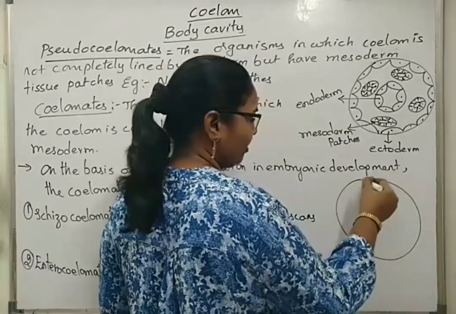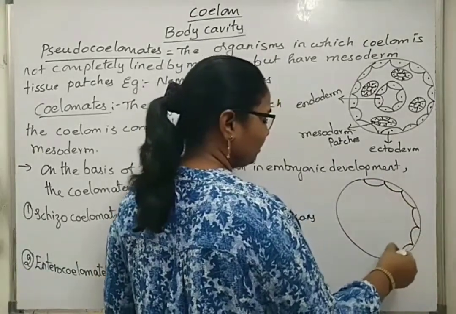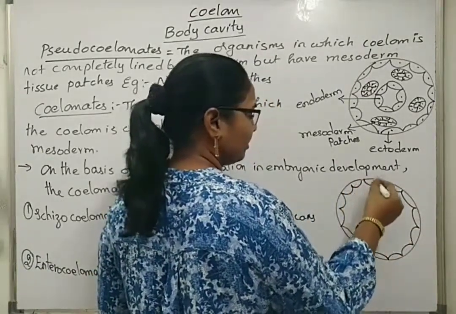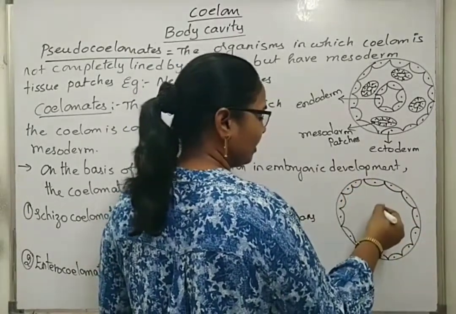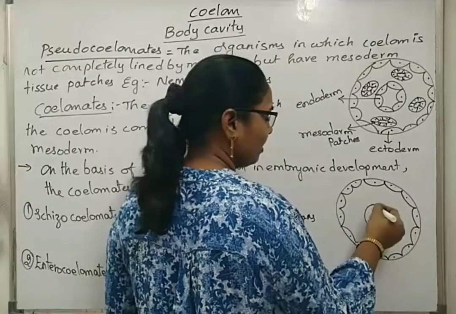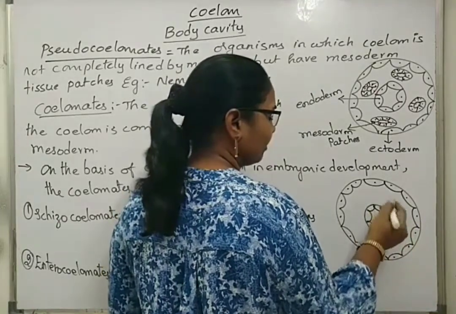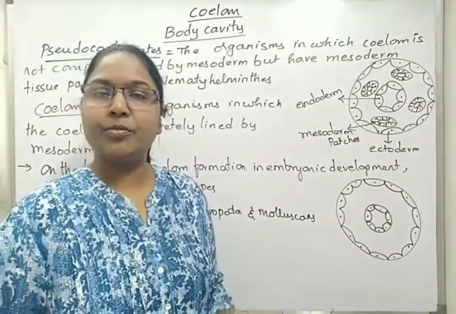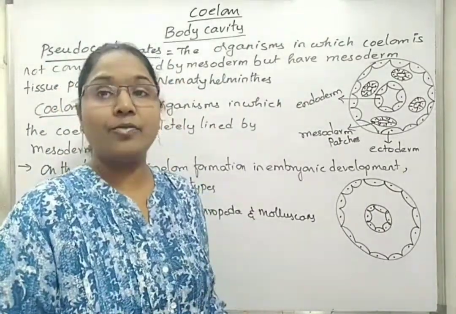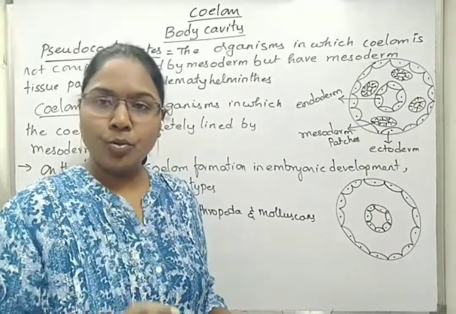Now, in case of schizocoelomates, if this is the embryo, this is the ectoderm, and this will be the endoderm. Now, any type of embryo or the gastrula form will be having one opening.